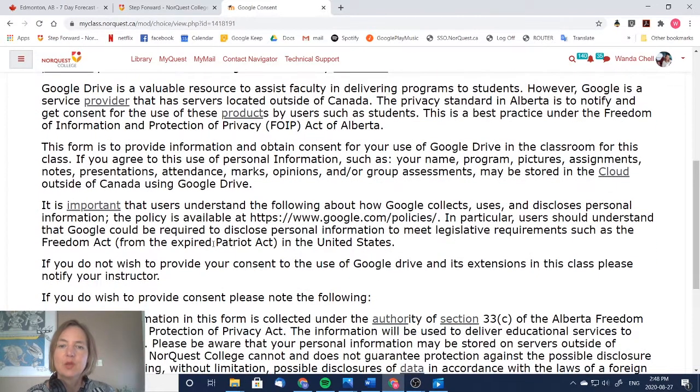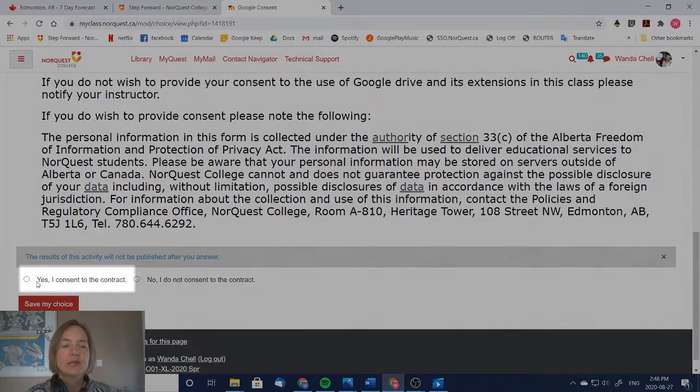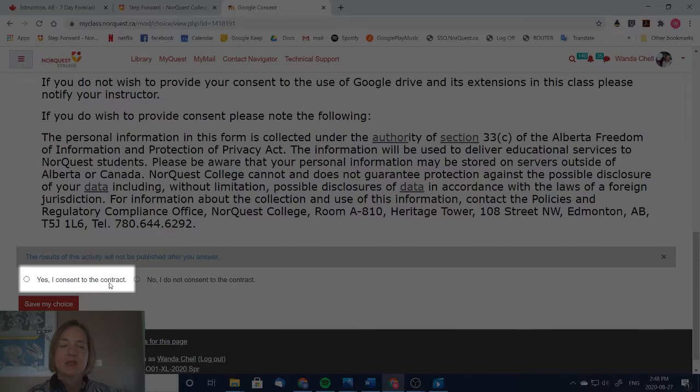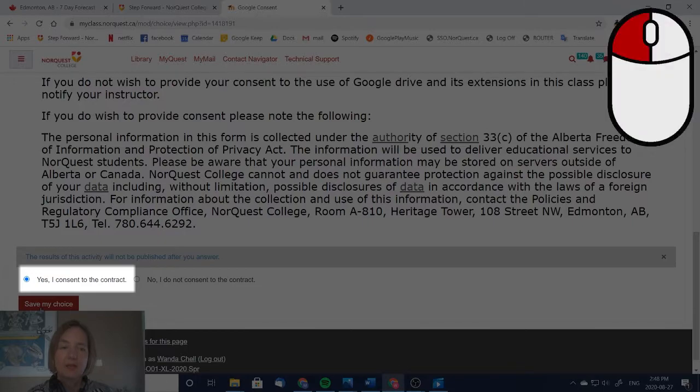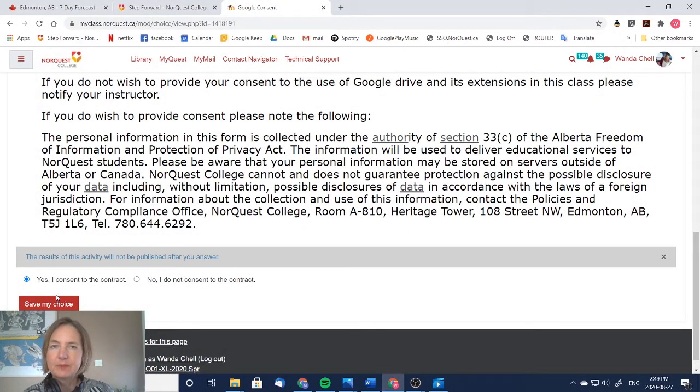All right, so once you think about this, we ask you to say, yes, I consent to use Google. And all you need to do is say, yes, I consent to using Google in the classroom. I understand that Google stores information in the United States, and that I need to be careful about keeping personal information in my Google Drive.